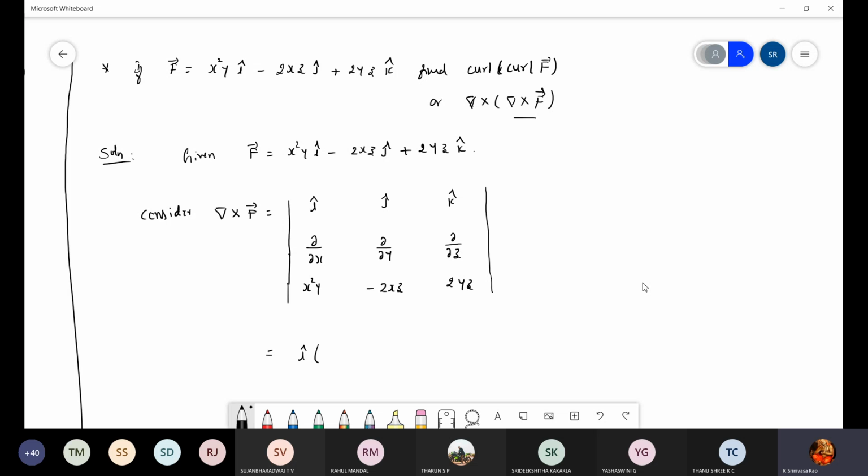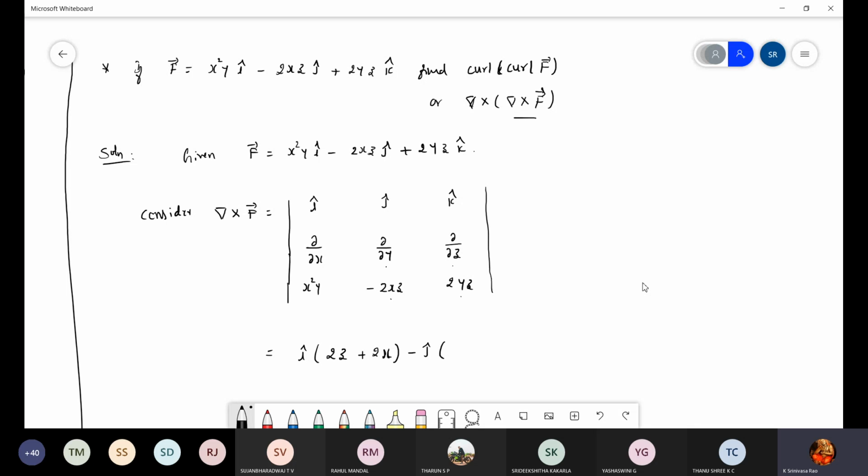These are the four terms. Dou by dou y of 2yz is 2z. The formula has a minus, and here one more minus is there, so you will get plus dou by dou z of minus 2x, which is minus 2x, minus minus becomes plus 2x. This is the first term.